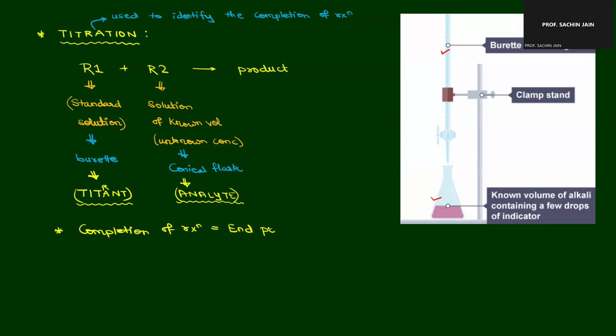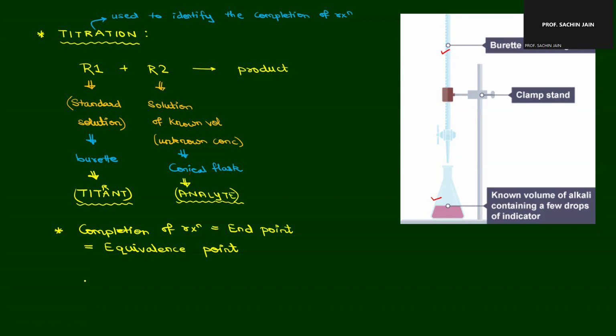As the word suggests, it is a point at which the reaction ends, and this is also called the equivalence point. Again, as per the name, this is a point where equal amounts of reactant R1 and R2 have reacted and the reaction has reached the point of completion.